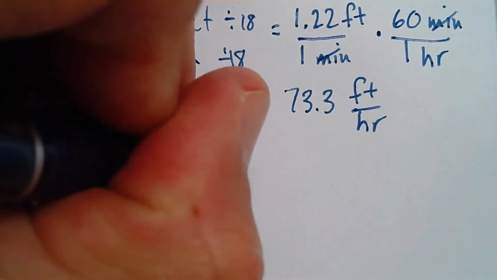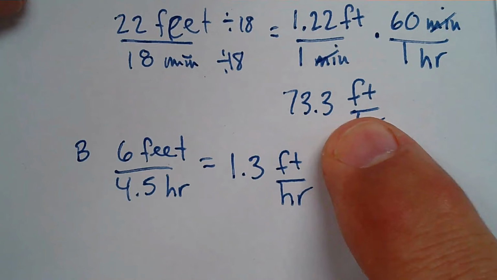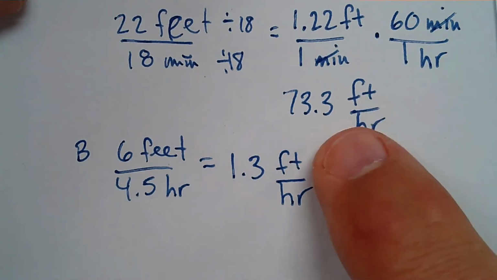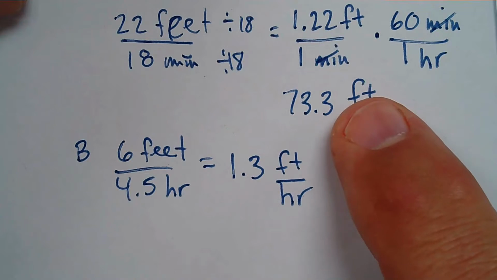So that's 1.3 feet per hour. So now we're comparing. If you go 73.3 feet in 1 hour, that's going a lot faster than just going 1.3 feet in 1 hour. So far that's the winner.